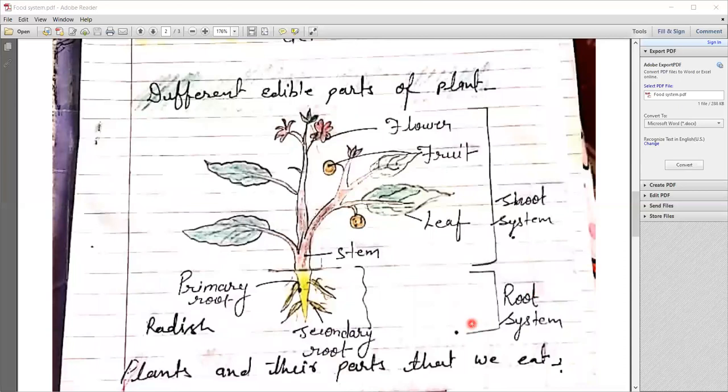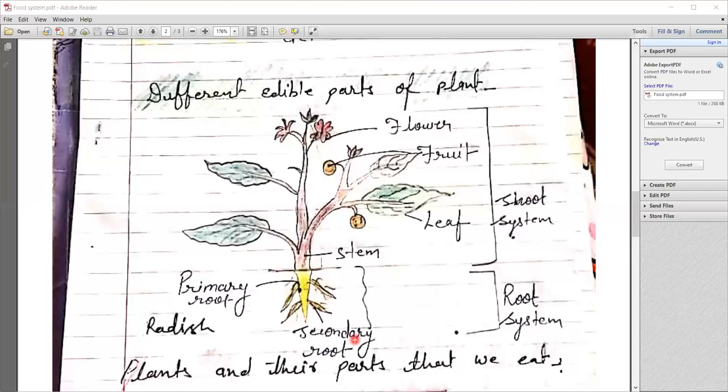The root is divided into primary root and secondary root. The root part which we eat is a primary root, like radish, carrot. The second part of a plant is the shoot system, which consists of stem, leaf, fruits, and flower.